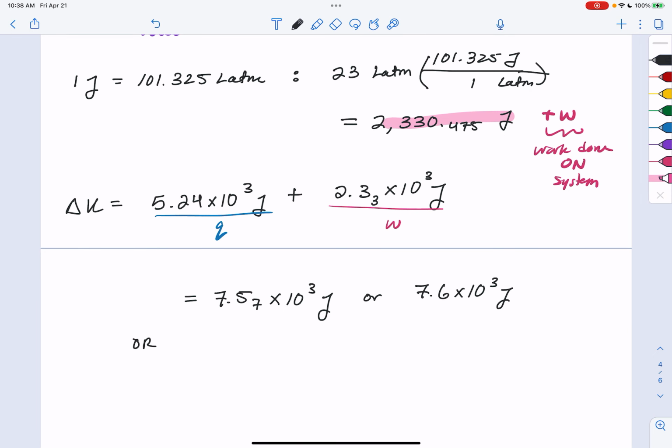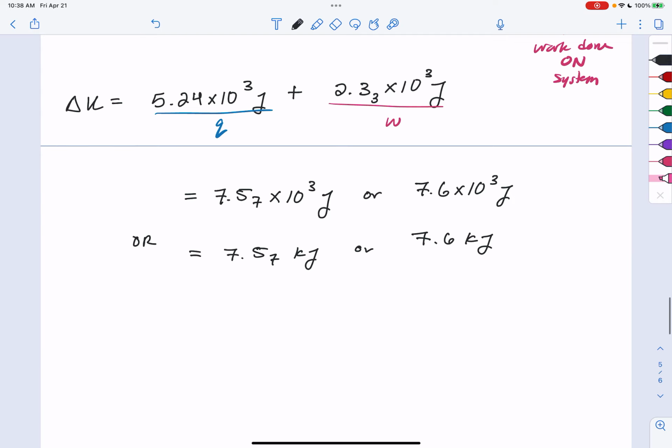Or if you want to determine this in kilojoules, this becomes 7.57 kilojoules, or to the correct number of sig figs, 7.6 kilojoules, meaning that the change in total internal energy of our system is 7.6 kilojoules, and notice this is positive.